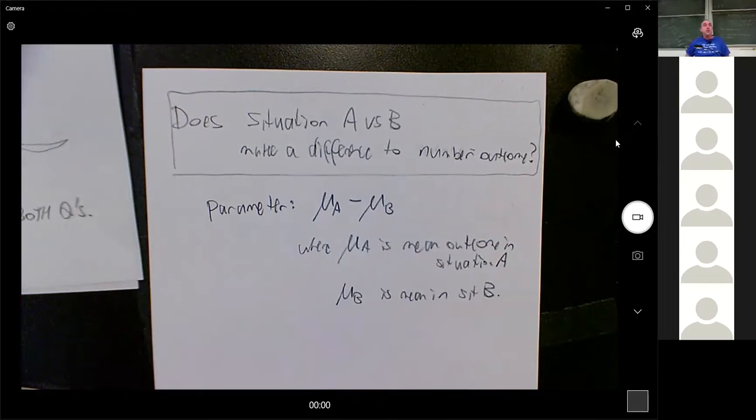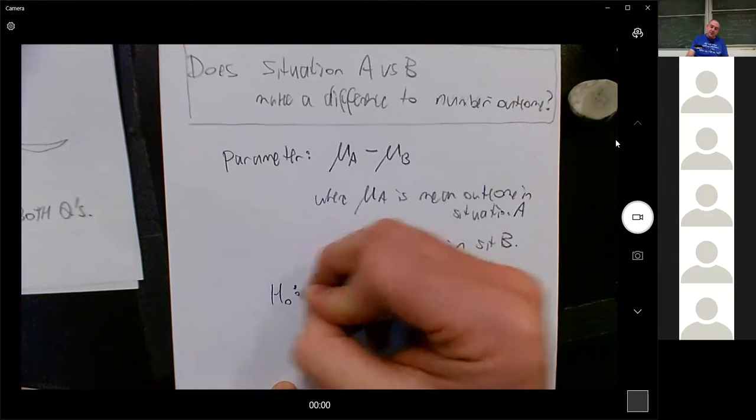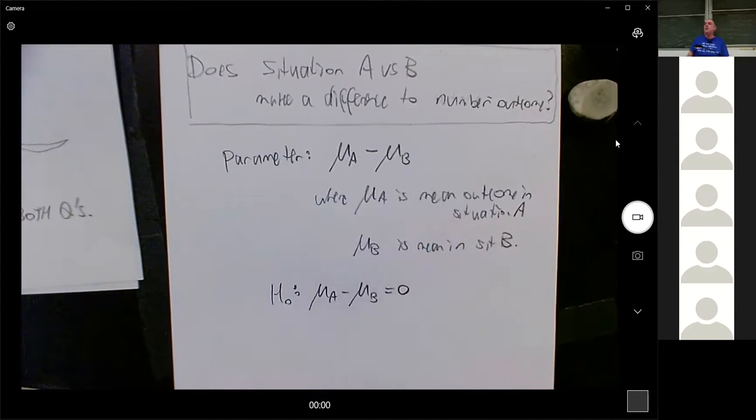So even though the original research question didn't mention means, that's what we have to do. And then you'll say the null hypothesis is that that difference is 0. Let me talk about null hypothesis.